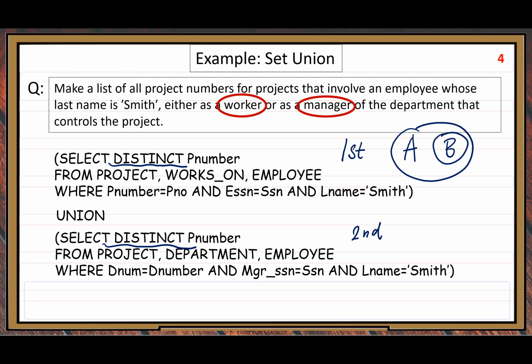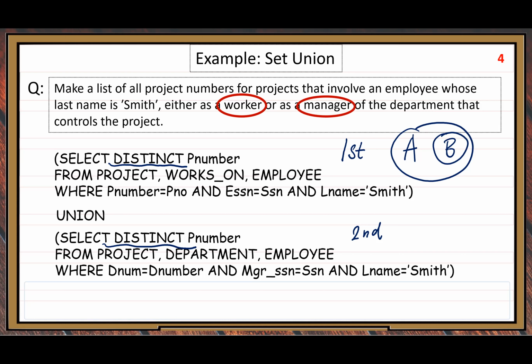But this example mainly gives you the idea of how to combine two query results if they are union compatible.